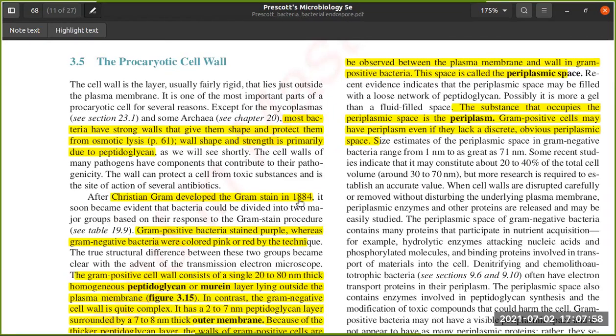He developed the Gram stain in 1984. On the basis of the stain, two types of bacteria have been distinguished. One was the gram-positive bacteria, stained purple, and the other was the gram-negative bacteria, which were colored pink or red by this technique.